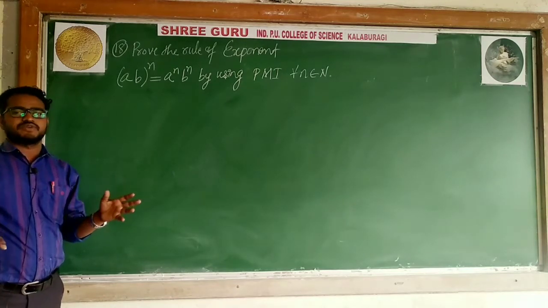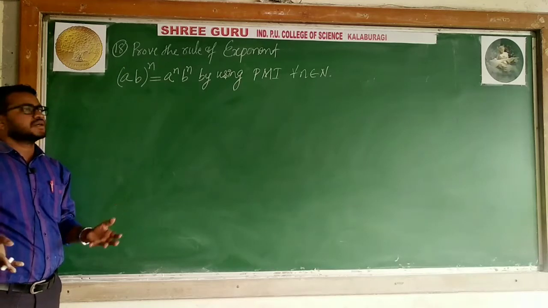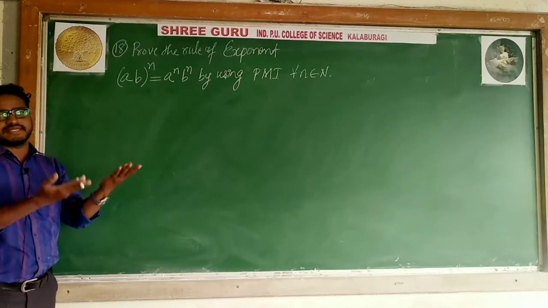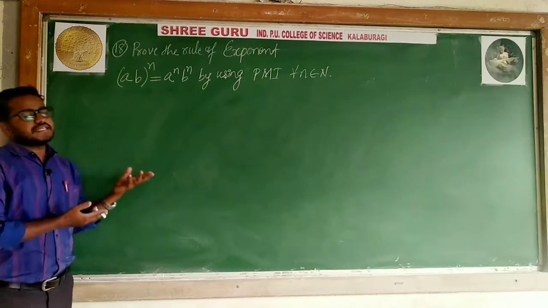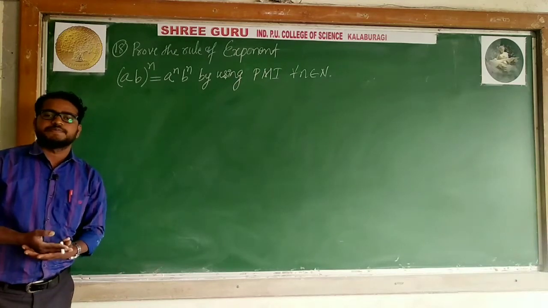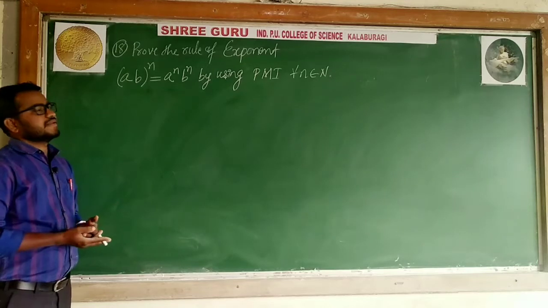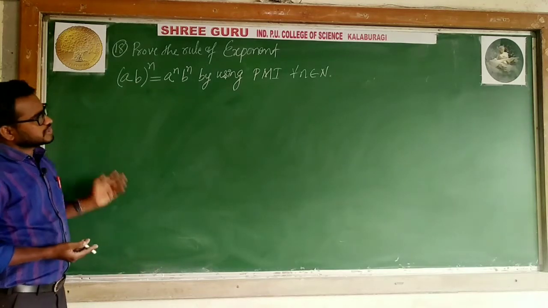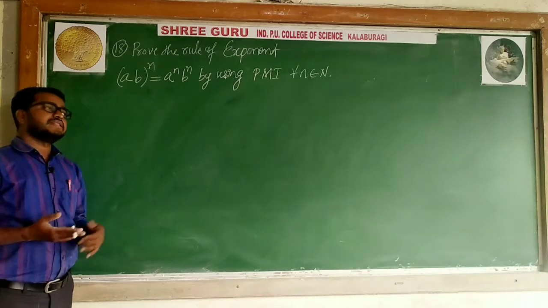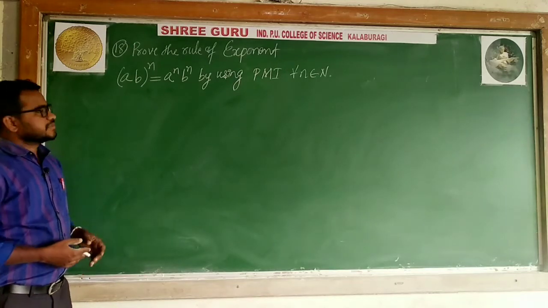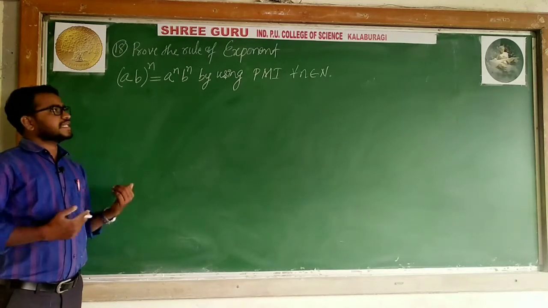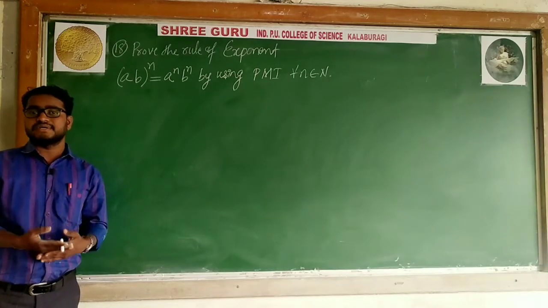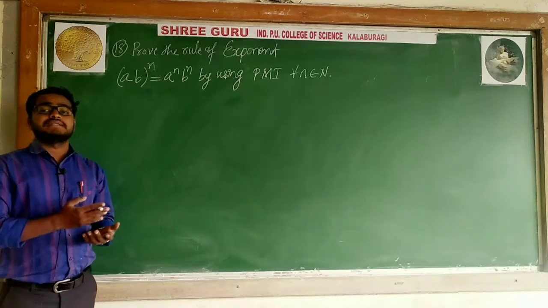I will go for step 1. In the case of n is equal to 1, I need to prove AB is equal to AB. Whatever you get as LHS and RHS, that you have to show. And in step 2, put n is equal to k. Where n is there, you have to put k. Nothing. There also you will get P of k is true. And then step 3. Step 3, put n is equal to k plus 1. Take LHS and prove RHS. Here it is not necessary to multiply the term. It is not necessary to add the term.